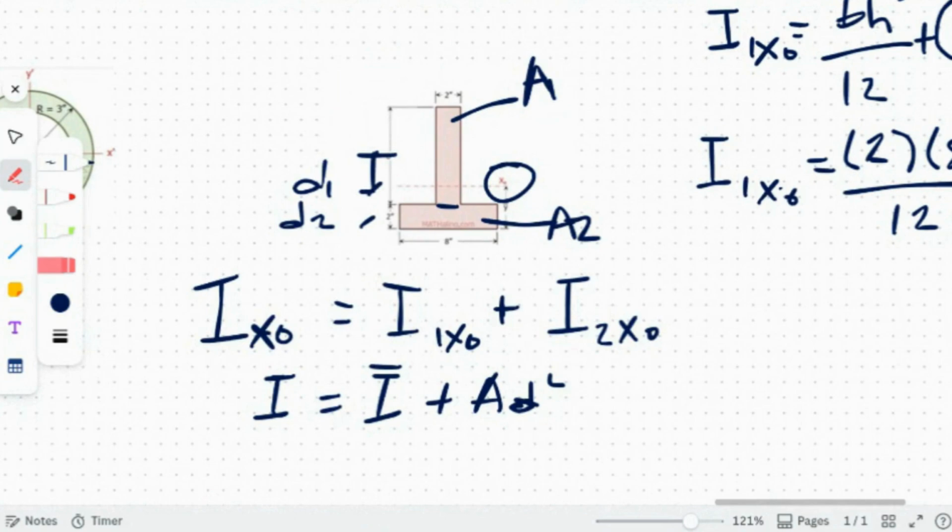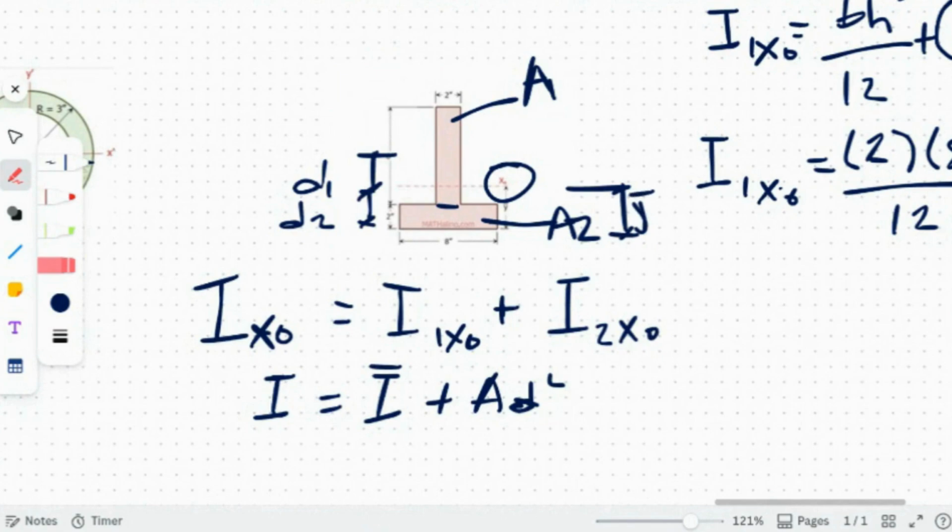So again, that's D1. So how do you get that? You get that by breaking this polygon down. So D1 in this case is Y2. So we're calling this one Y bar.